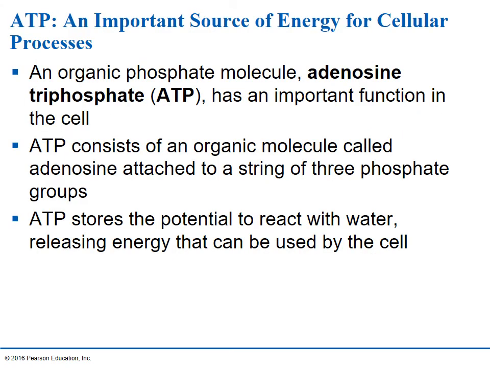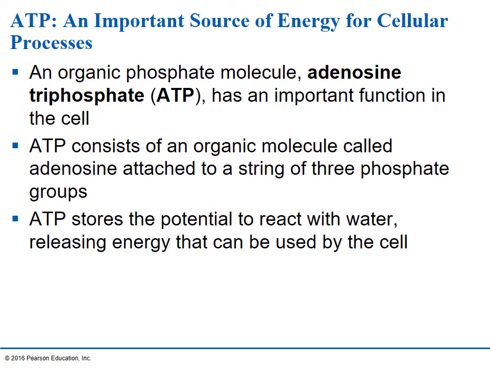And the last slide for this part is dedicated to talking about adenosine triphosphate, or ATP. The only thing that you really need to know is that you have an adenine group, which is going to be part of one of the amino acids that we see in the protein part of this chapter.